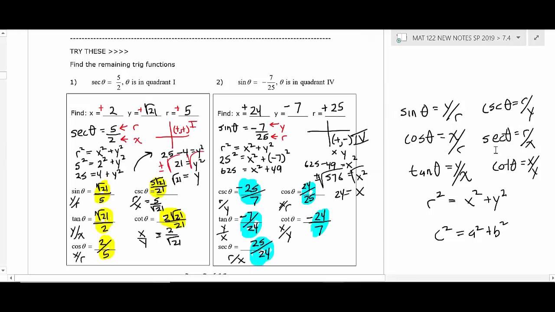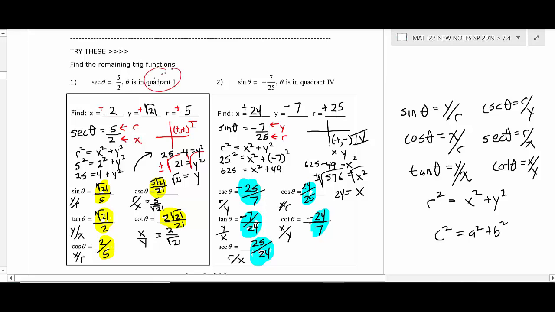Okay, so check over your work, see if you got the right answers. I got all those highlighted. If you got them right, then you can move on. Otherwise, I'll go through this a little bit and show you my thought process if you need some help. The secant is r over x. That's your definition of the secant. So that means r is 5, x is 2.